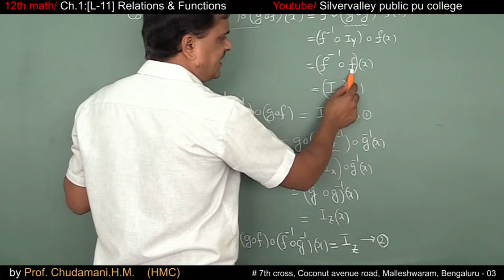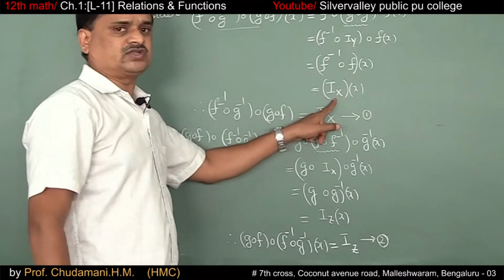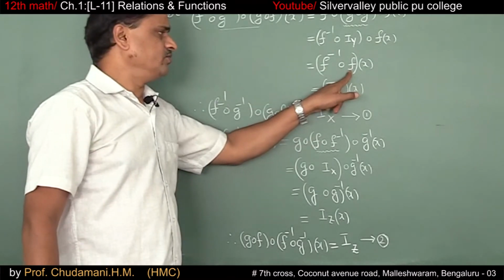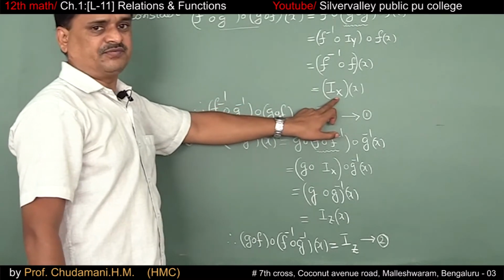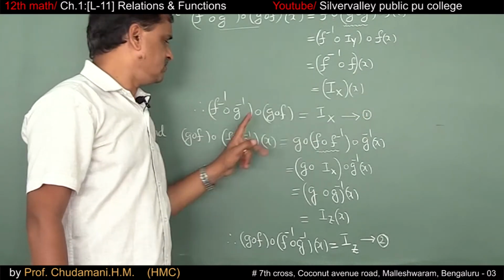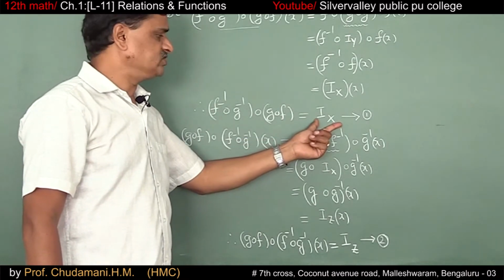So this is again composition of f and f inverse, which is the identity function on the set X. For the function f, the domain is X, that's why identity function on the set X of x. Therefore, this is equal to the identity function on the set X.